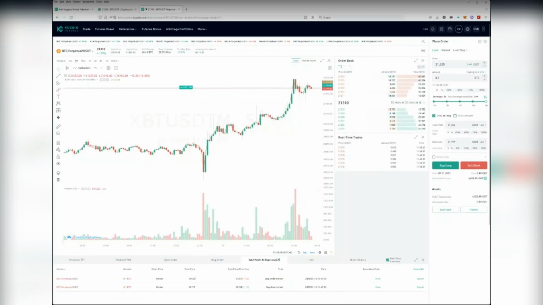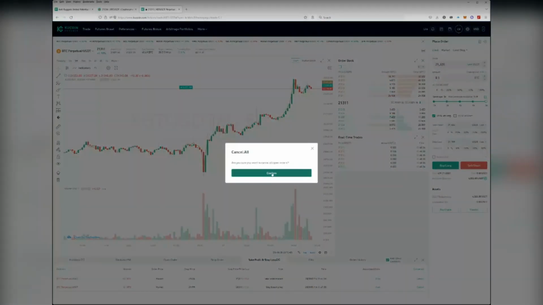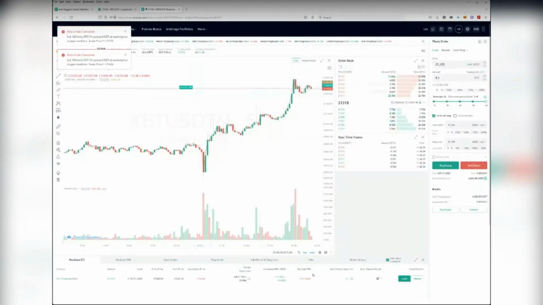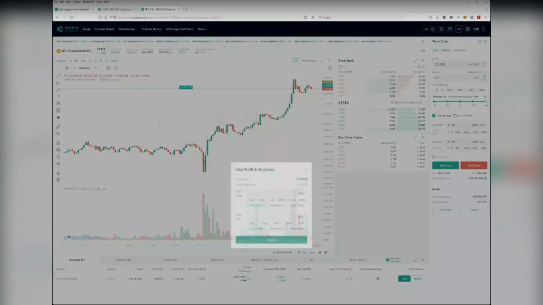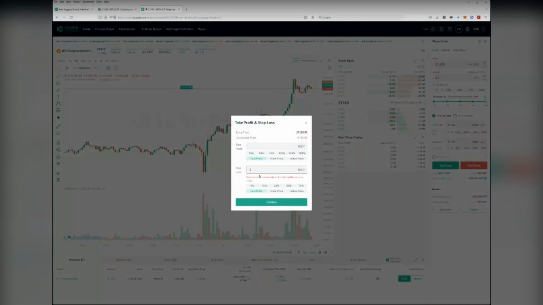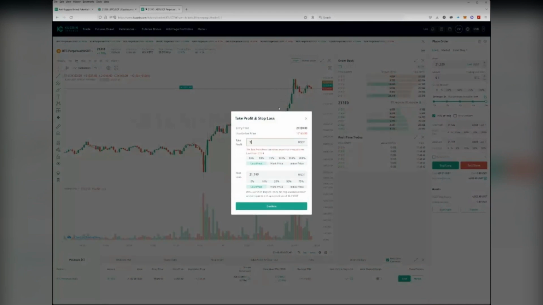But if I want to change them, I can't change it here, so I would have to cancel these, and then you could have them edited here. So let's do that. Let's do stop loss at 21,199 and take profit at 23,555, for example, or let's say 21,355. Confirm.